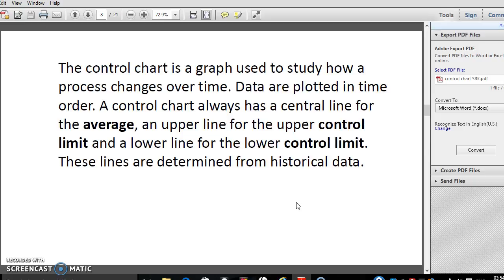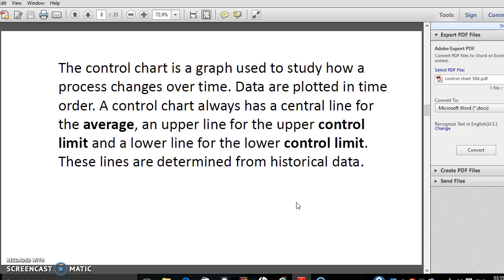The control chart is a graph used to study how the process changes over time. Data is plotted in time order. A control chart always has a center line for the average, an upper line for the upper control limit, and a lower line for the lower control limit. These lines are determined from historical data.